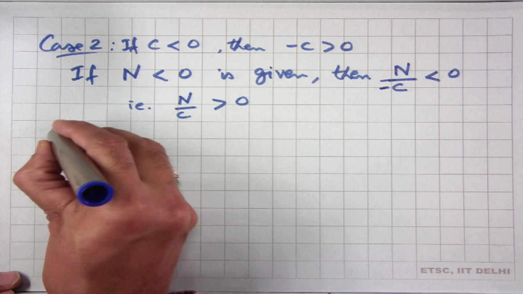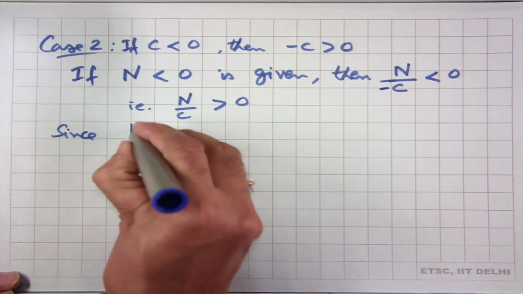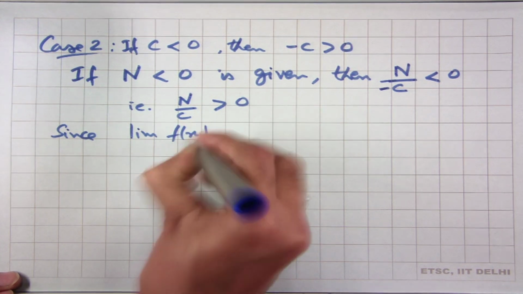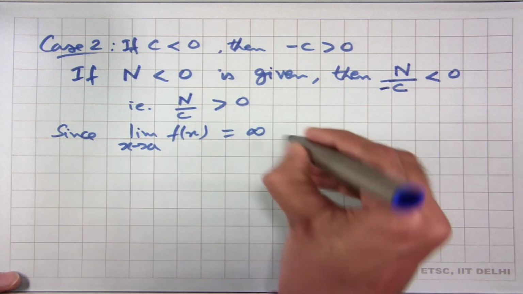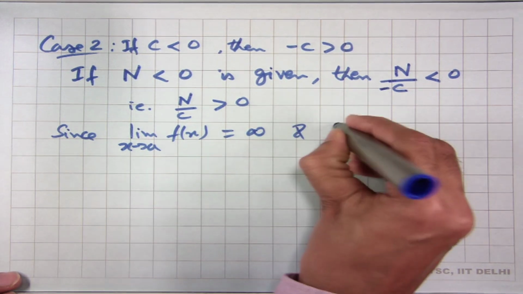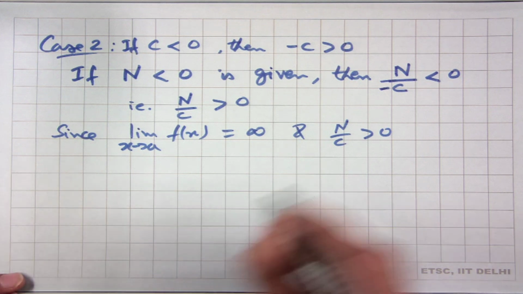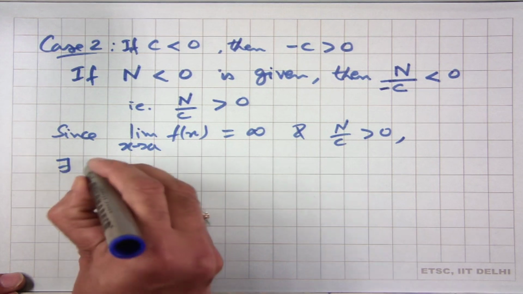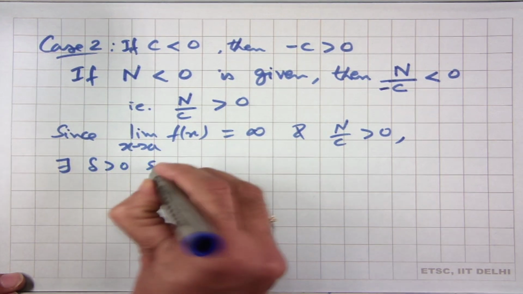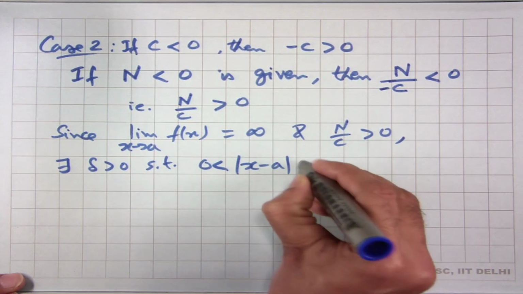So, since the limit of f of x is positive infinity and n by c is a positive real number, we can find a delta greater than 0 such that mod x minus a less than delta.